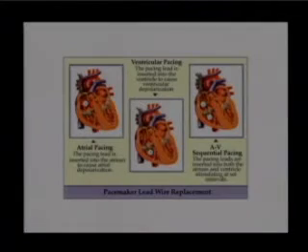I thought we'd take a look at a couple of different types of pacemakers. We can have atrial pacing, where you see the lead wire goes into the atria. It gives the atrium a little bit of a shock and tells the atria when to beat. Probably the most common type of pacemaker is a ventricular pacemaker, where the lead wire is down in the ventricles.